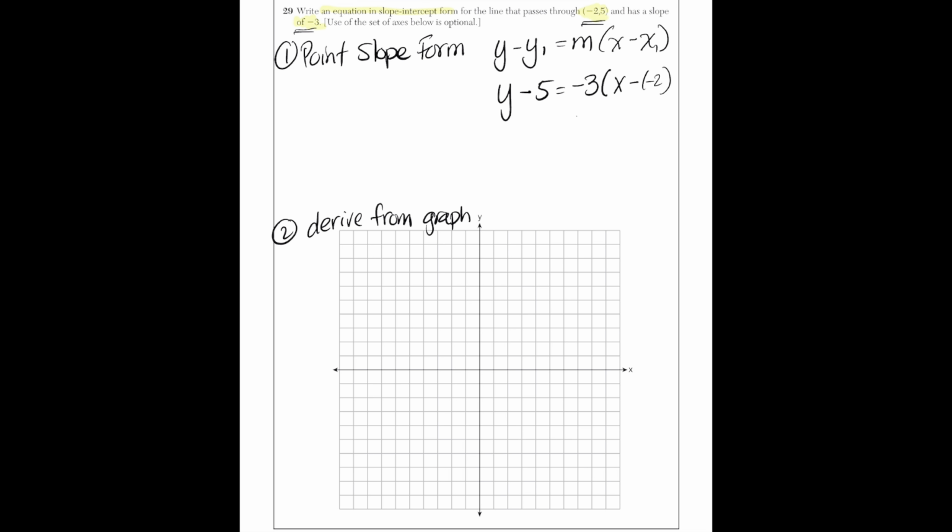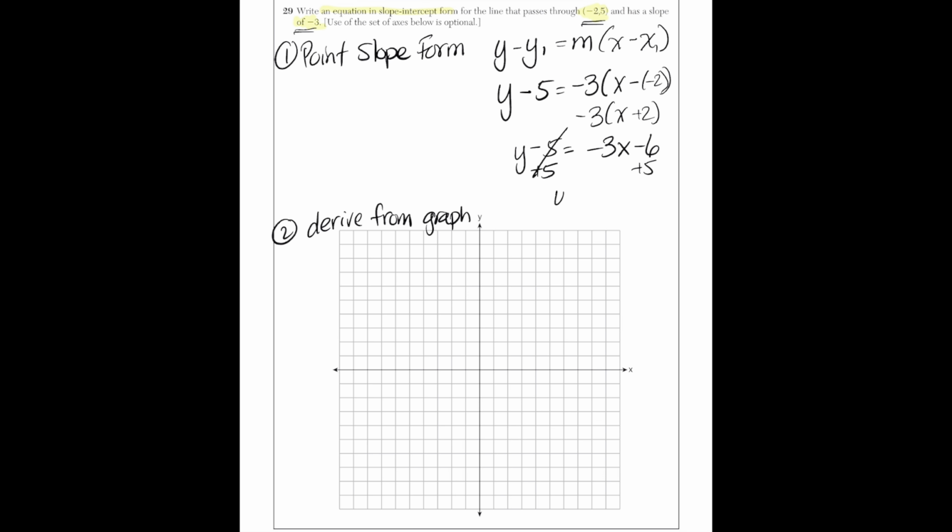Okay, so let's just fix this up. So this becomes x plus 2, and we're going to distribute, and you get negative 3x minus 6. So y minus 5 is equal to negative 3x minus 6, and then I just add 5 to both sides.